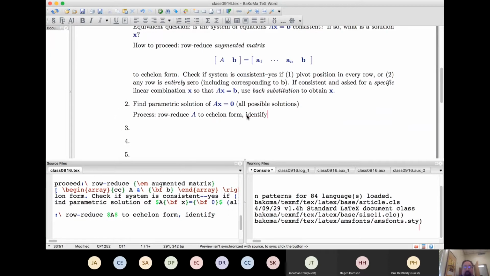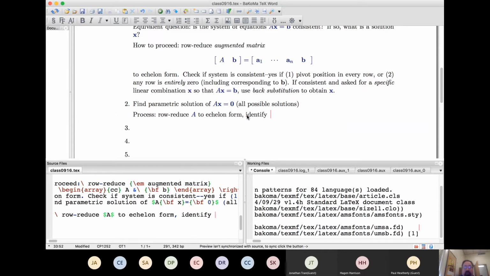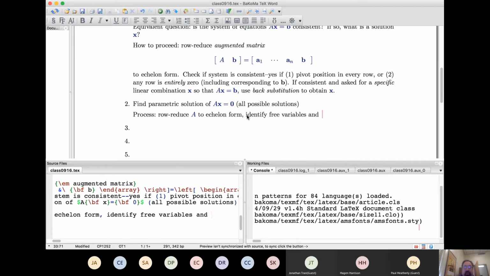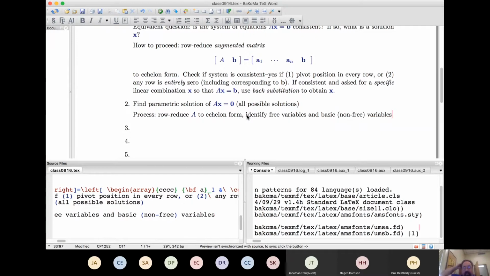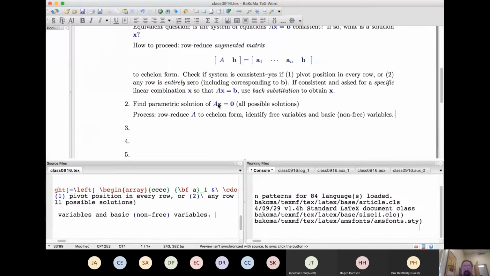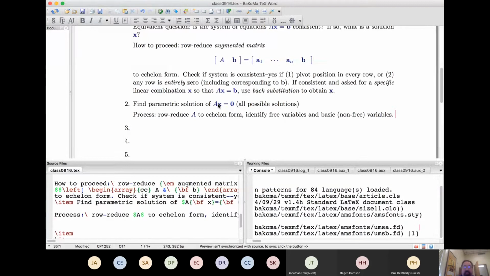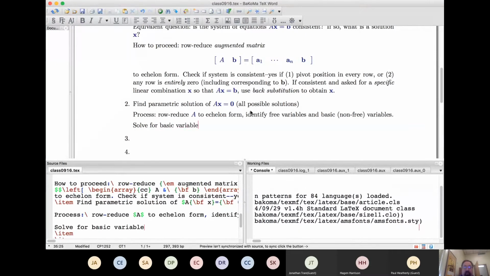Once you have it row reduced, you want to identify any free variables, and then any basic, so non-free, variables. So you want to classify each of your unknowns corresponding to each column of A as either free or not. And then the next thing you would do is solve for all the basic variables in terms of the free variables.